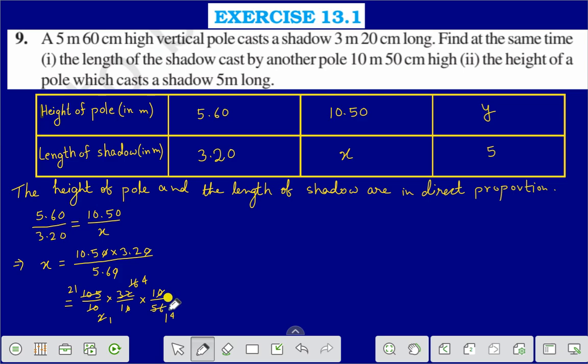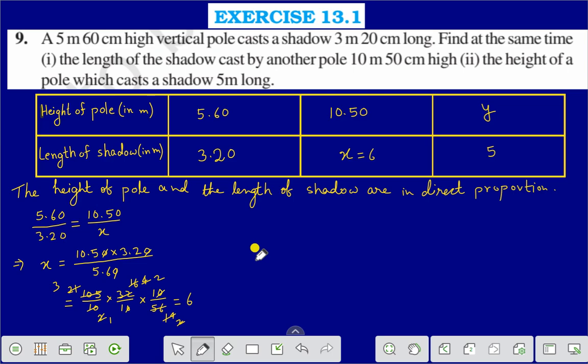Again if we divide by 7, then 7 2s are 14 and 7 3s are 21, and 2 1 is 2, 2 2 is 4. That means we are getting 3 by 6. Therefore, the value of x is equal to 6, that is in meter, right?